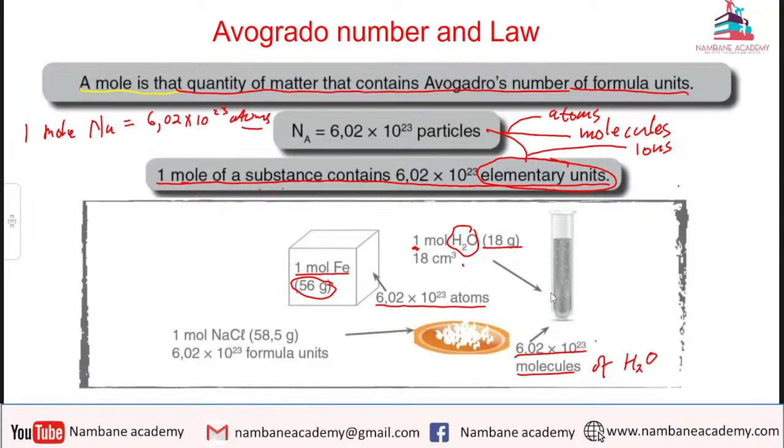It will be the same with formula units. 1 mole of calcium chloride, which is 58.5 grams, from the understanding of the mole concept and the molar mass, will represent 6,02 multiplied by 10 to power 23 formula units.